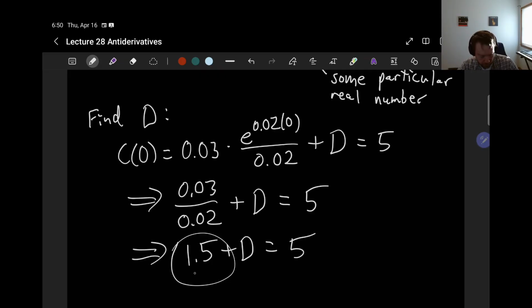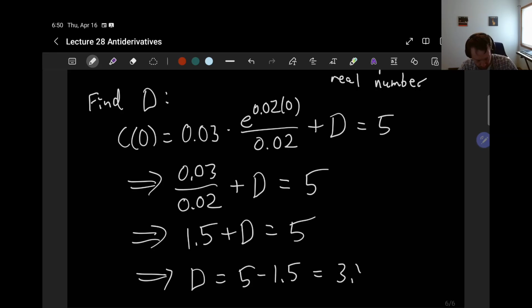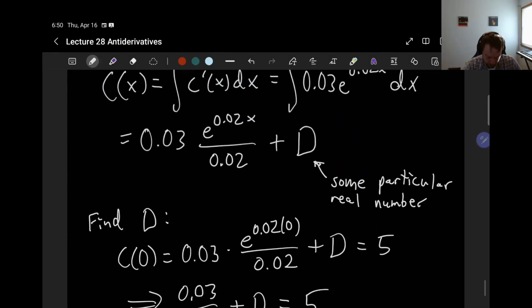So I'll throw that into my final answer. But now we can solve for D just by subtracting 1.5. So that's the constant that was missing in my cost function.